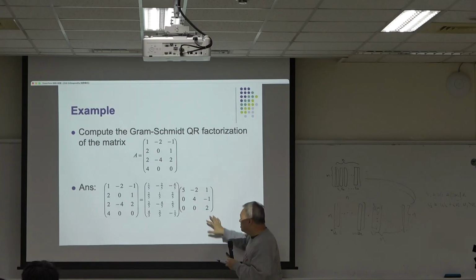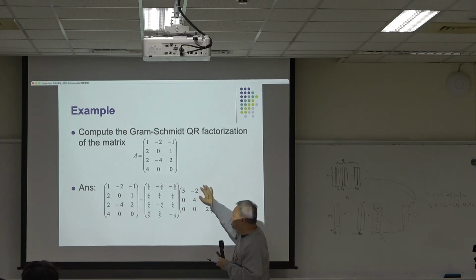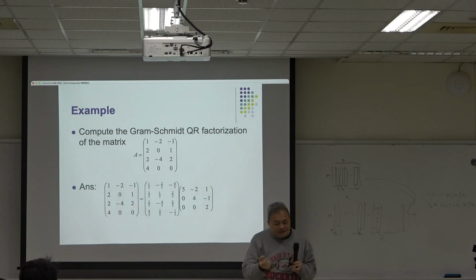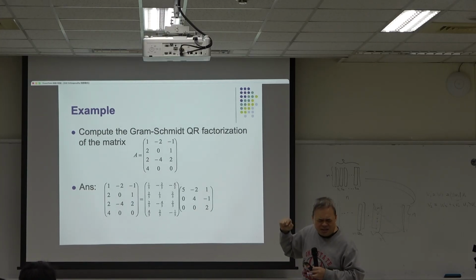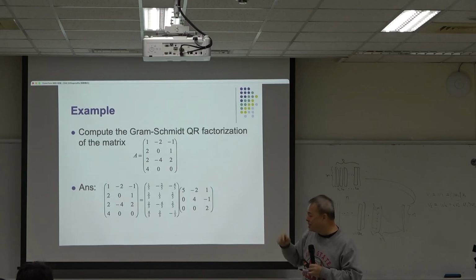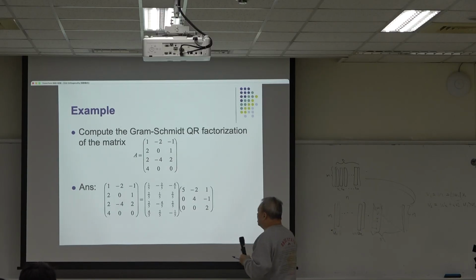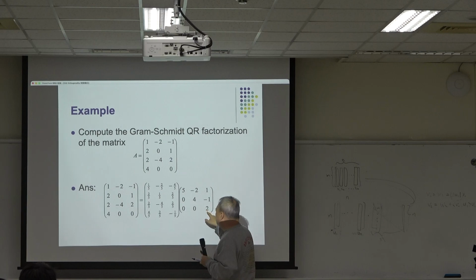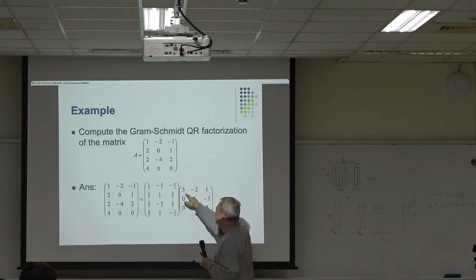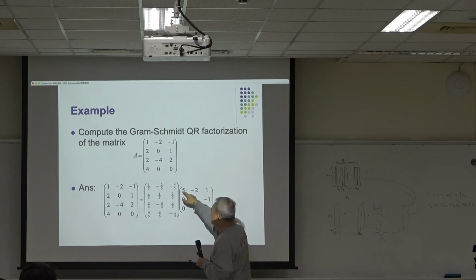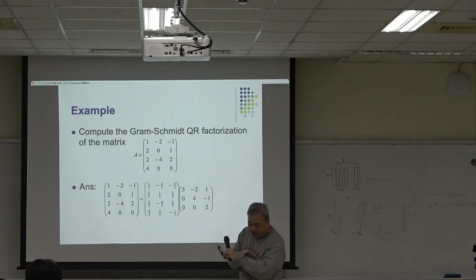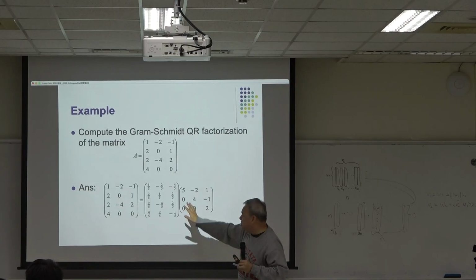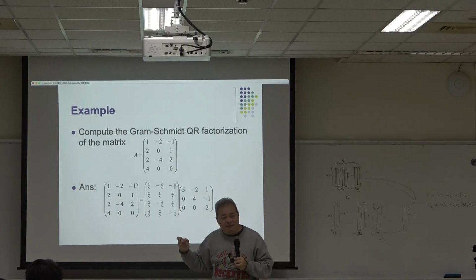And then these numbers actually have something to do with the Gram-Schmidt orthonormalization process. First, like 5, 4, 2, actually represent the lengths of W1, W2, and W3. Sorry, I'm running out of time, but I will go over the whole process of this next time.